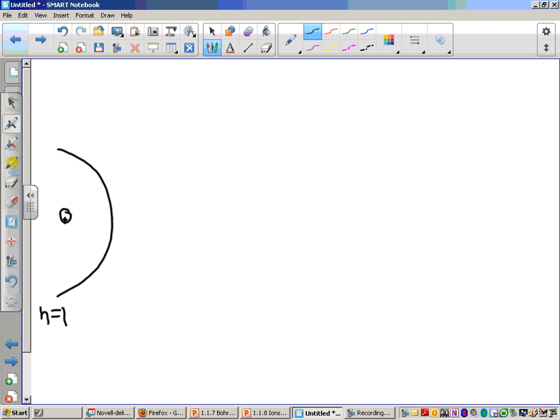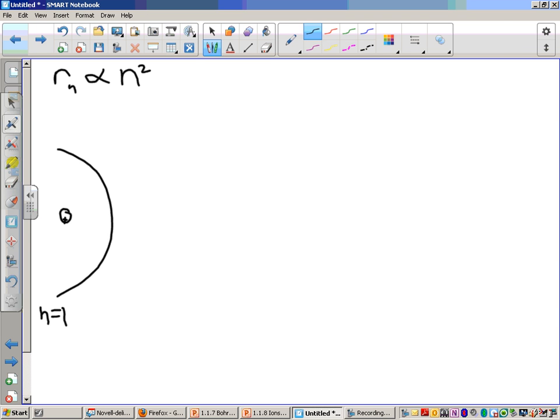His equation, the radius of the nth orbit, is related to the square of the orbit number. All right? So the size of the orbit is related not to the orbit number itself, but to the orbit number squared.